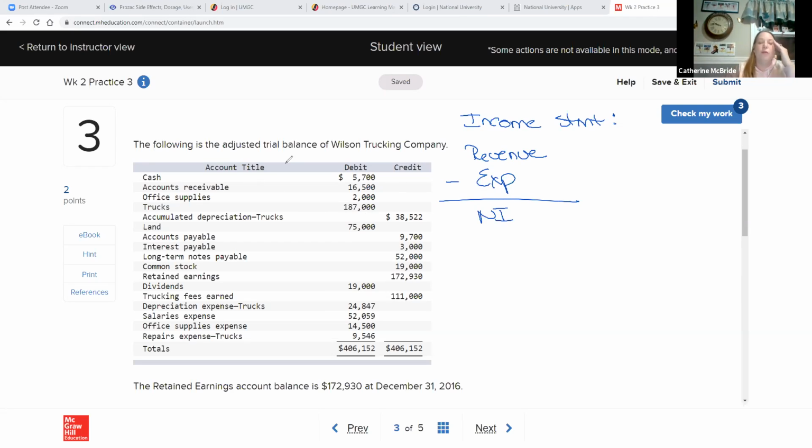So the way a trial balance works is it's arranged in a specific order. First, we have our assets. Then we have our liabilities. Then we have equity.